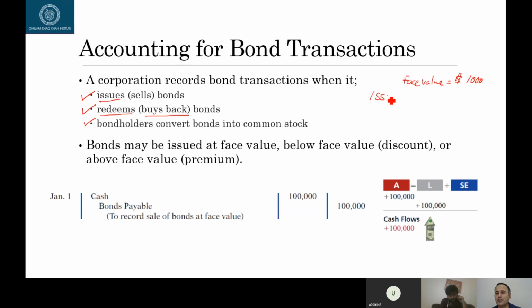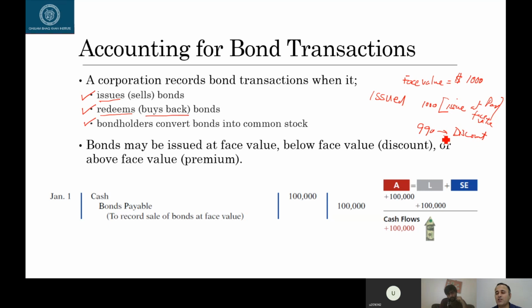If they are issued at $1,000, this one is issued at par, or face value. But if the bonds are issued at, let's say, 990, this one is a discount.